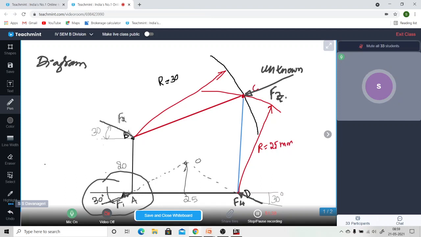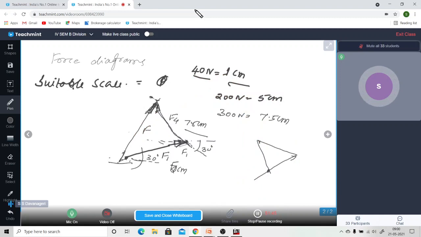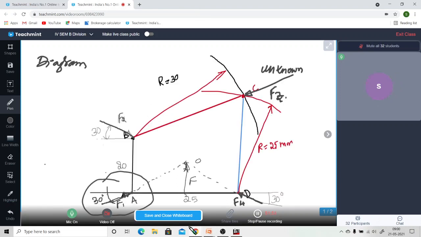Now you got the resultant force F. Based on the resultant force F, you just measure the angle here, how much angle you are going to get with respect to the horizontal line. On the same angle you just draw one parallel line here. Then you know the direction of F2, you are going to get an intersection here. This is O dash.